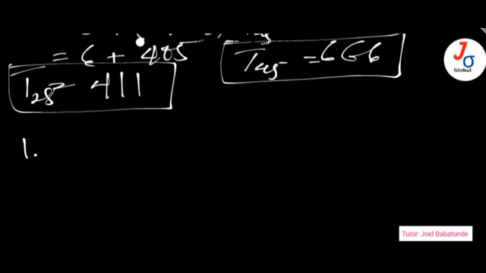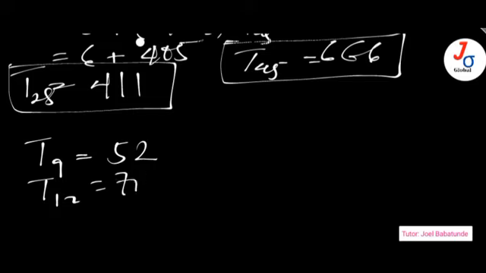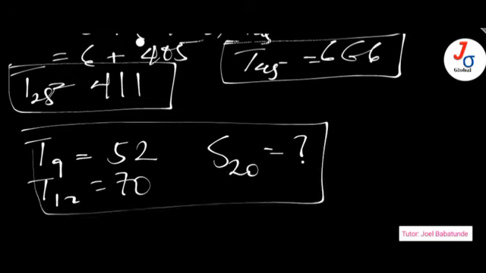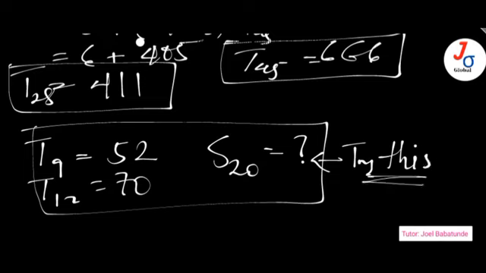Let T9 equal 52 and T12 equal 70. Now you have to find the S20. So you should be able to do this. Try this and let me see your answer in the comment section.